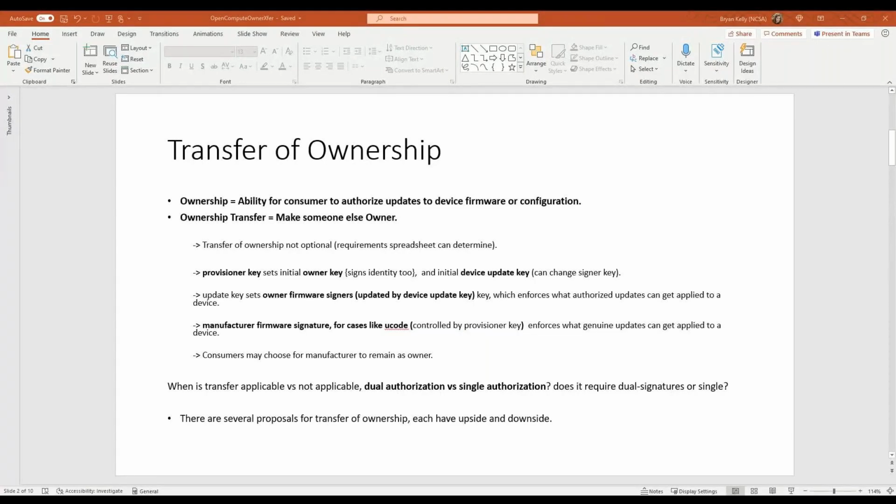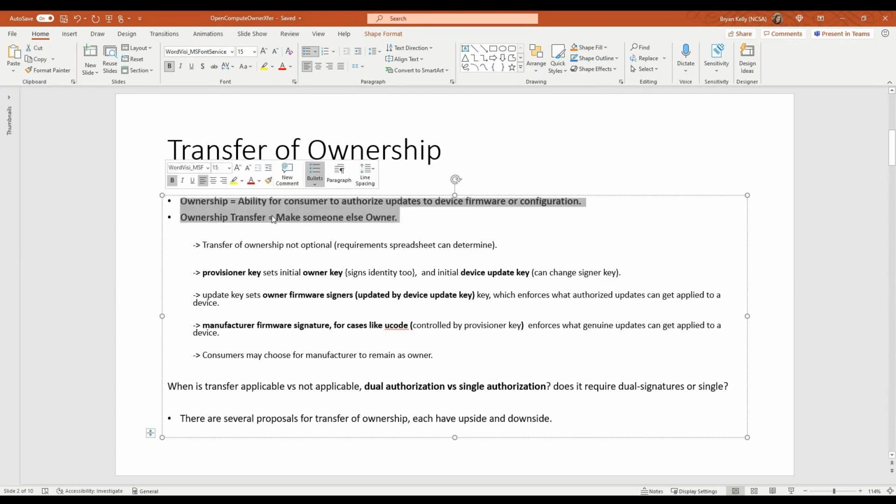Okay, so this is where we left off last week. We discussed the definition of ownership, the ability for the consumer to authorize updates to the device firmware or configuration, and then ownership transfer was making somebody else the owner, giving them this capability.